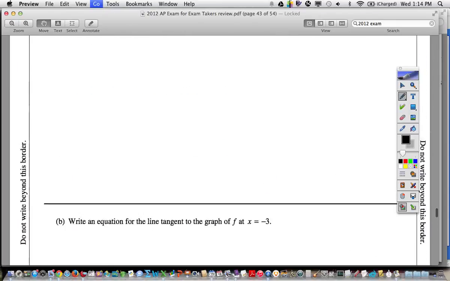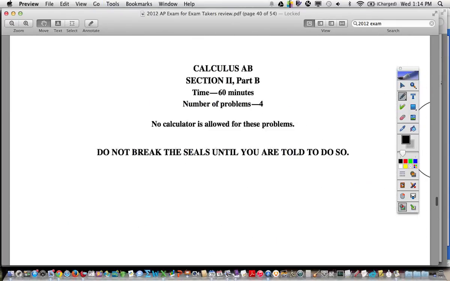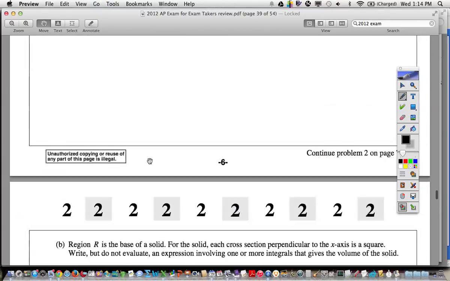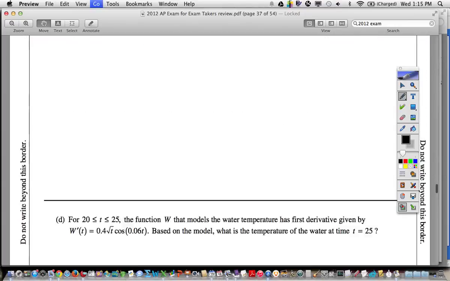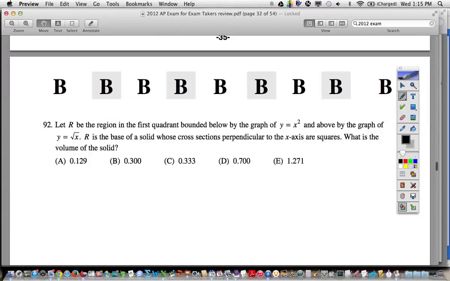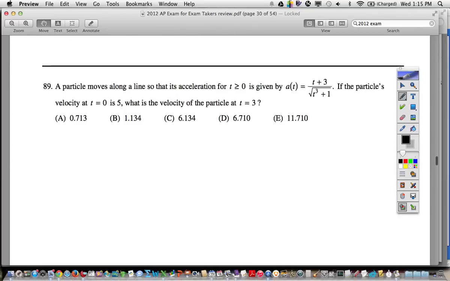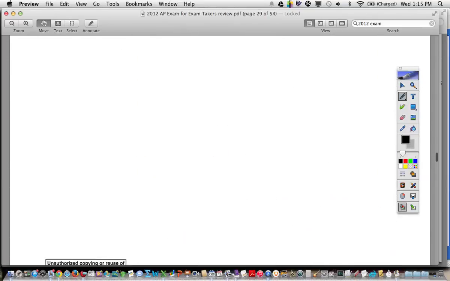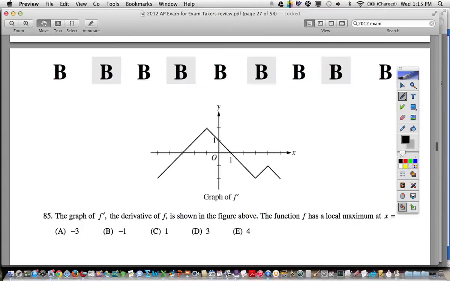Okay, I want to show you a problem here. This is the 2012 AP test. I think I had this up the other day. This is the actual AP test. That's right, because somebody told me to go grab this over here. All right, let me see if I can find a problem I'm thinking of. Be on the lookout for it.